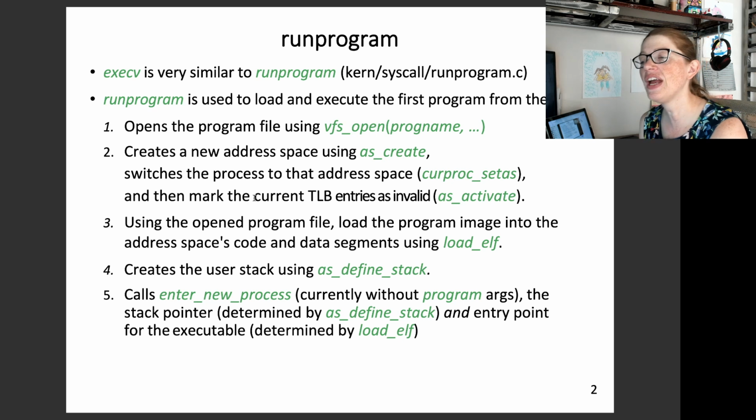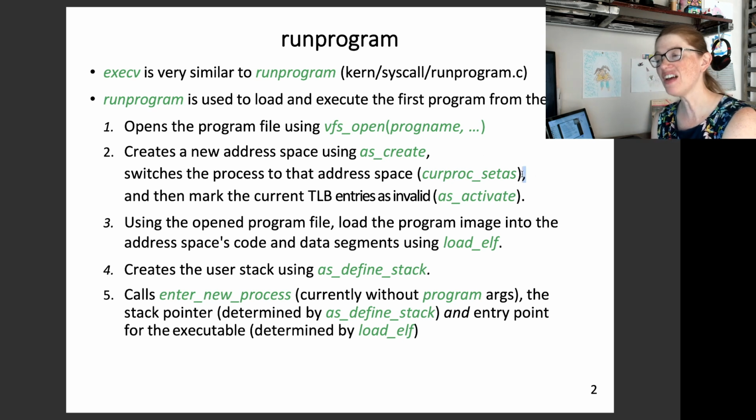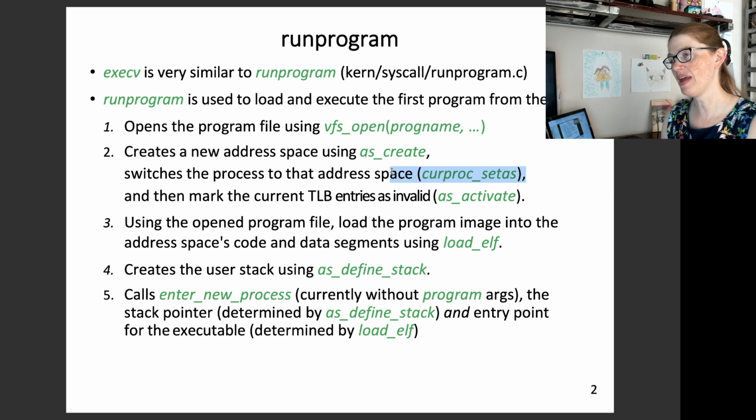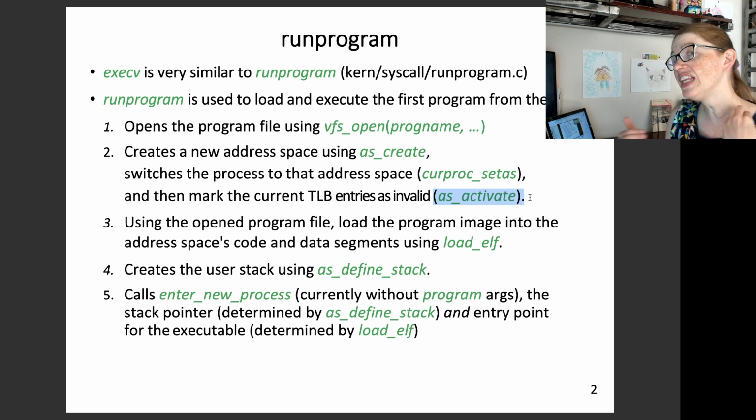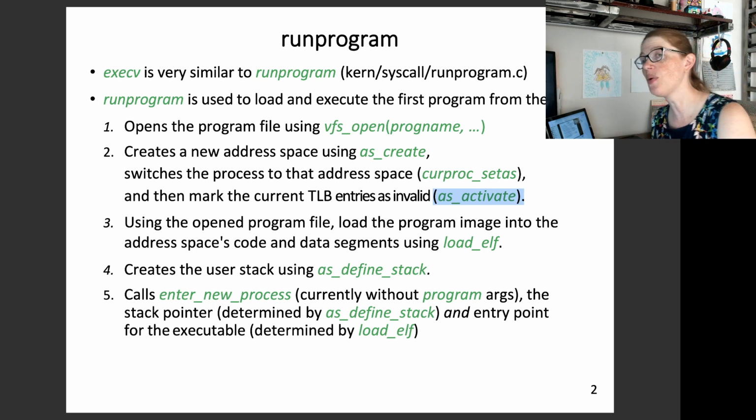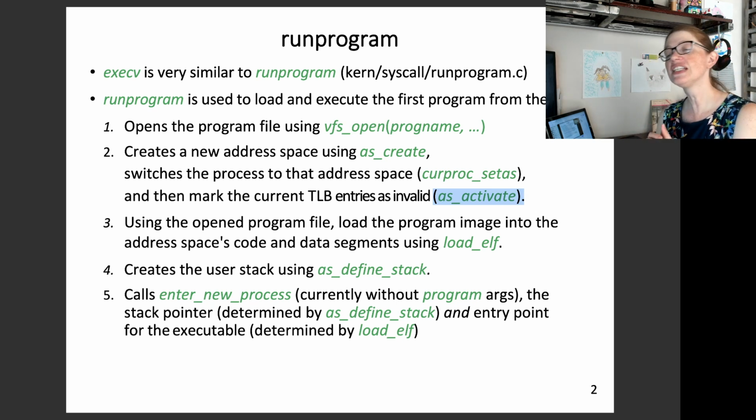And then we need to assign the current process this address space. So this is an appropriate time to use curproc's address space. Then you'll note that we use this funny function called as_activate. You're going to be really tempted to use this in A2a. Don't, because it's one of the singularly worst named functions in all of OS/161.